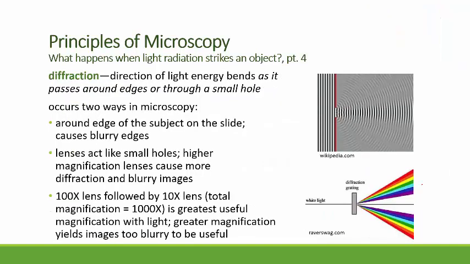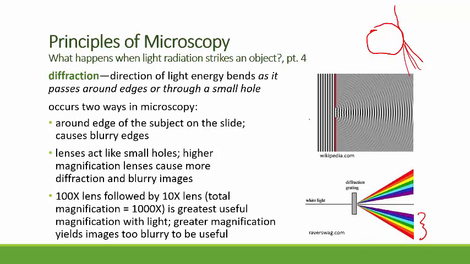Diffraction is another thing that can occur as light passes around the edge of a material. So if you're looking at something here that has an edge, as the light bends around the edge of it, it gets broken up into the rainbow that we see.